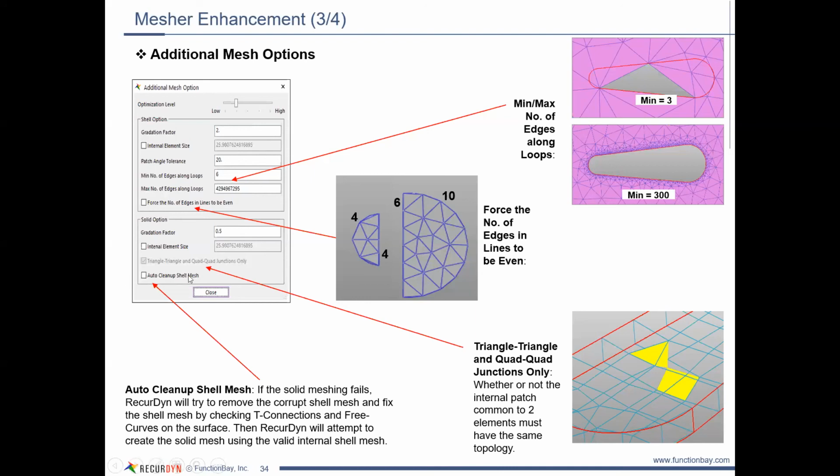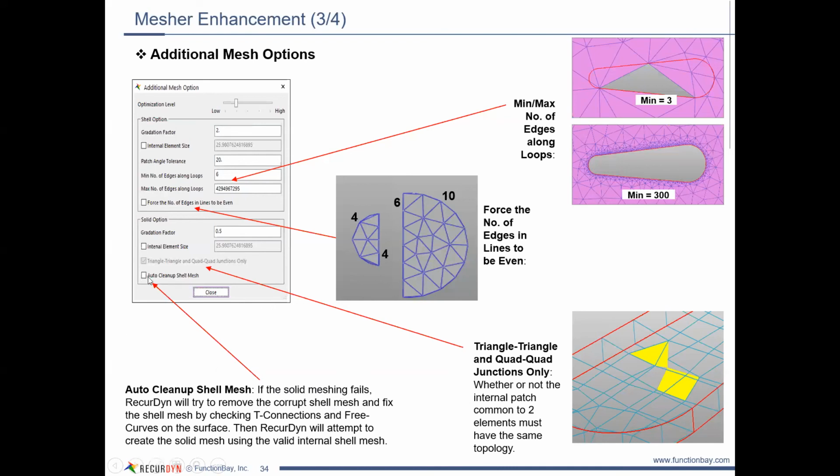Last one is auto cleanup of the shell mesh. So as I mentioned earlier, when you're doing the solid meshing, the first step is to do a shell mesh on the outside. So if the solid mesh fails, it could be because the shell mesh itself wasn't really set up properly.